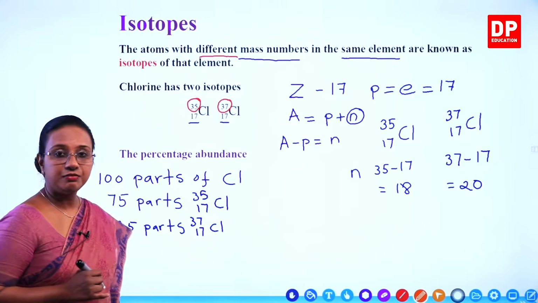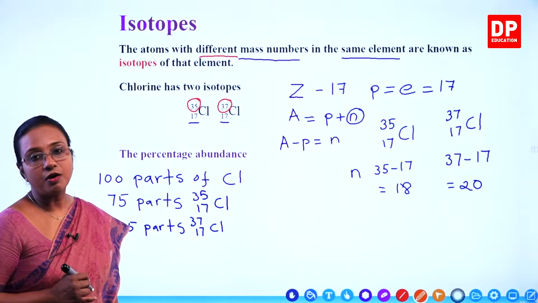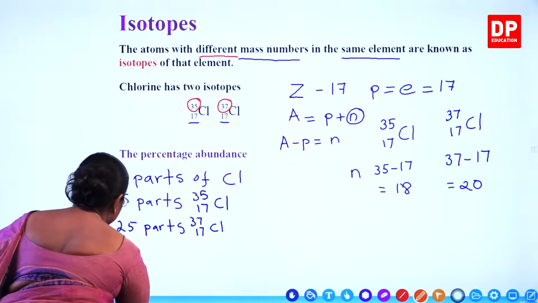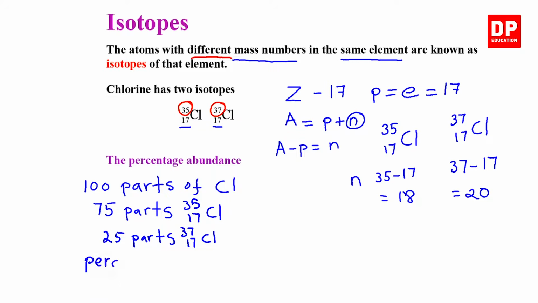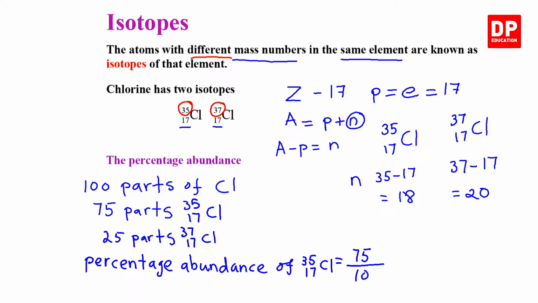Based on this, if we write the equation for percentage abundance, the percentage abundance of 35 17 chlorine will be equal to the amount of 35 17 chlorine, that is 75 parts, divided by 100 into 100. So that is 75%.